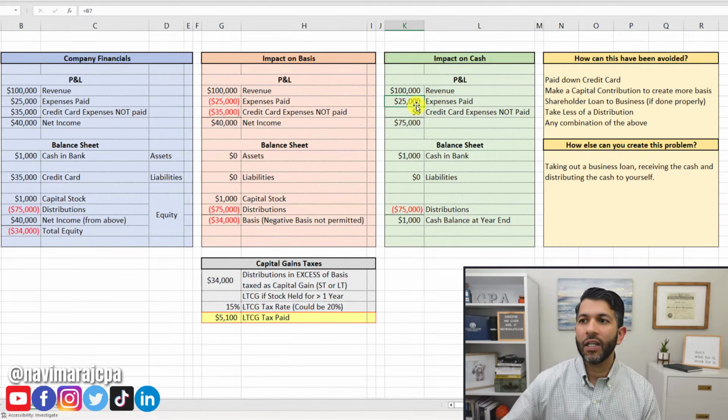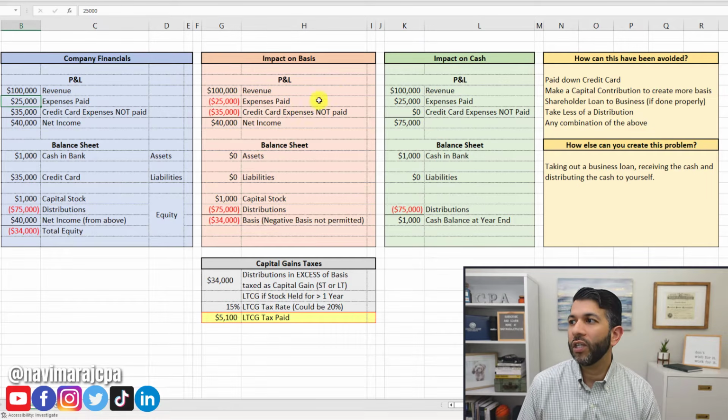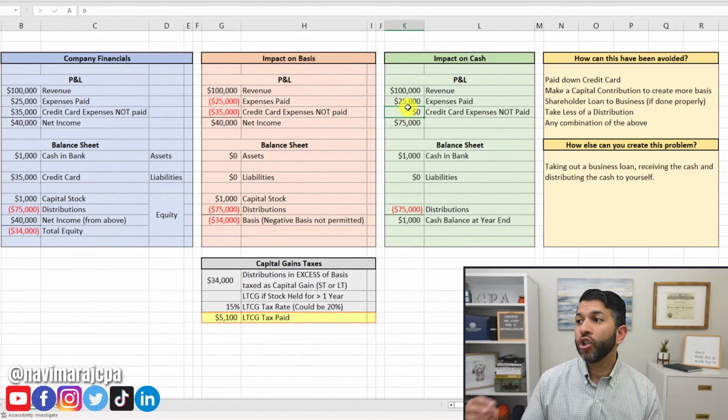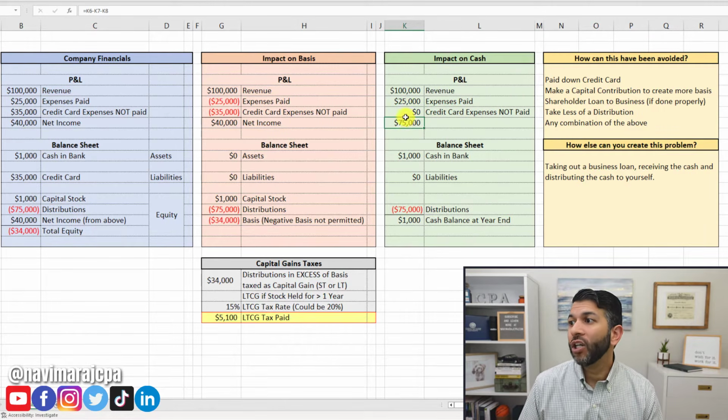Remember earlier I said you paid this amount of money with either cash or checks or a debit card. But then you had those $35,000 of expenses that you didn't pay. They're a liability. So you still have that cash in the bank. So you actually have $75,000 worth of cash: the 100 you received minus the $25,000 of expenses.